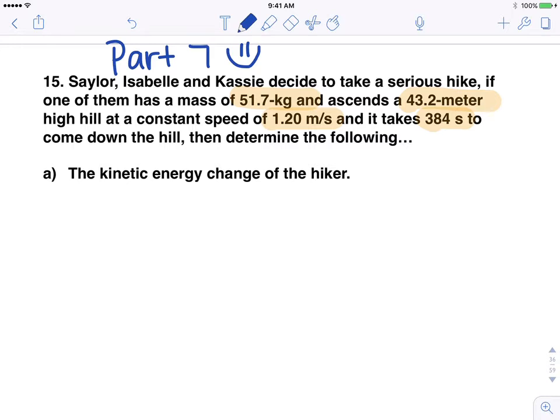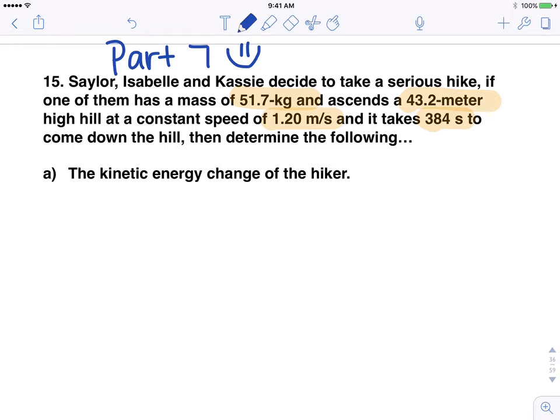But as the hiker descends down the hill, a lot of that energy is being dispersed into heat or friction or all the other types of dispersed energy that we didn't really cover and just grouped them all into one category of dispersed energy. Okay, so these values of energy are going to be different, but for kinetic energy, it's not going to be exactly like gravitational potential energy because we're not considering the dispersed energy in that sum. Okay, I hope that makes sense.